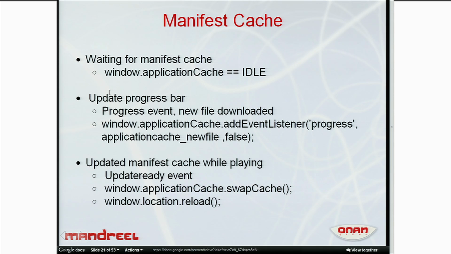During that time, you can update the user to show what's going on, so you can use the progress event. Every time a new file is downloaded, you get this event. So if your application cache has 20 files, you get the event for each one.